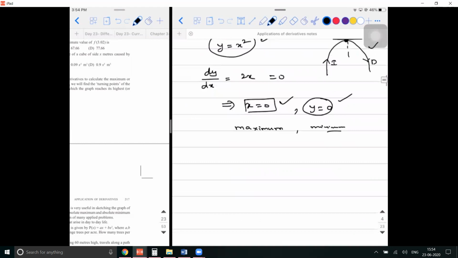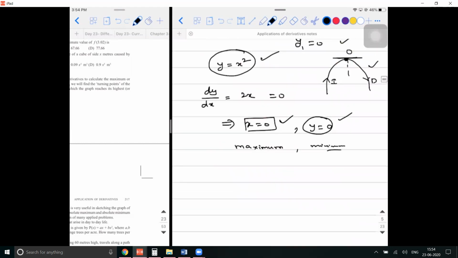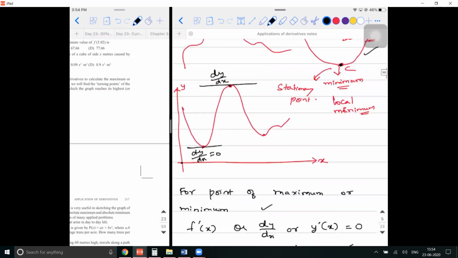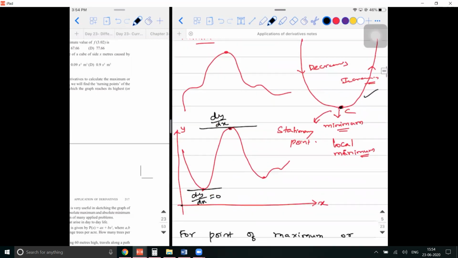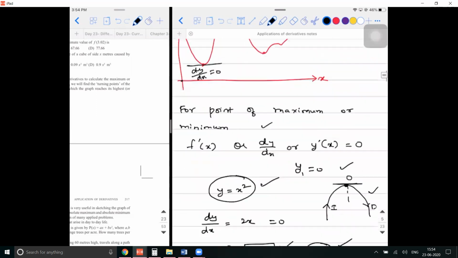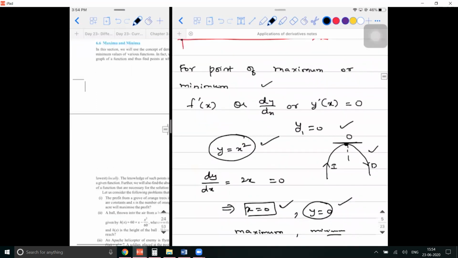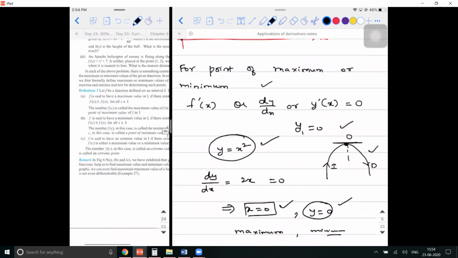So what should actually the answer come out as? Y is equal to x square is an upward parabola. So x is equal to 0 should be a point of minimum, right? So if it has to be a point of minimum, then what should happen? On the left of it, it should decrease, and on the right of it should increase. So this kind of test is what is called the first derivative test.